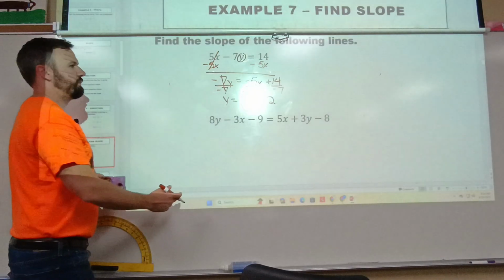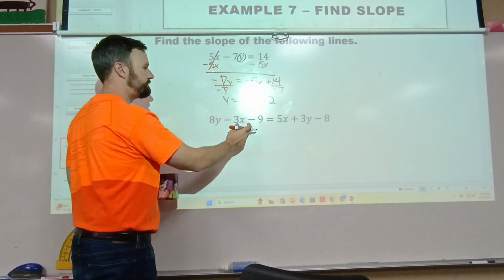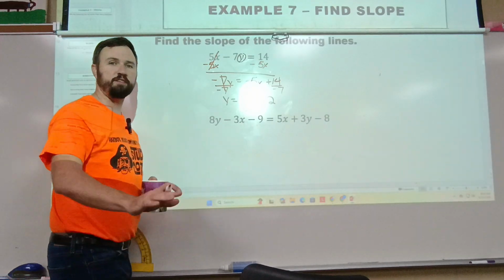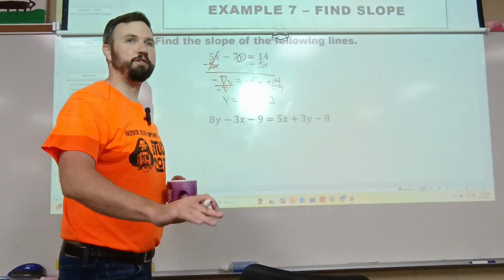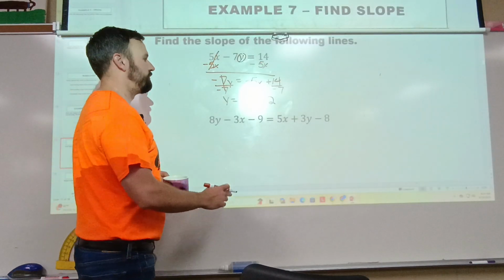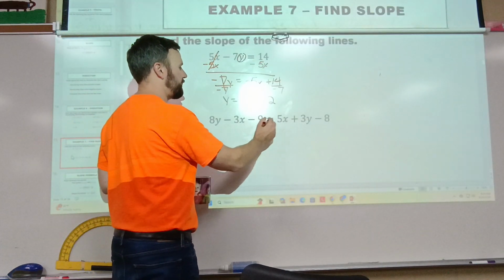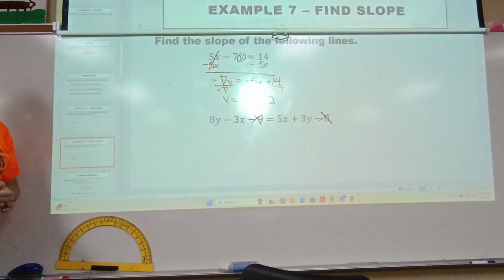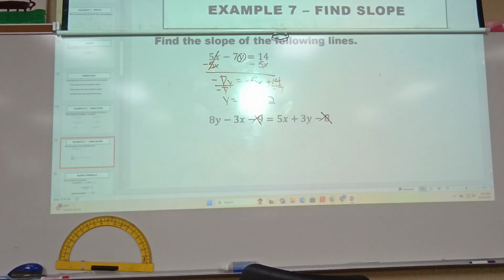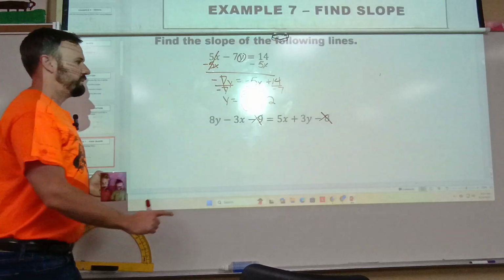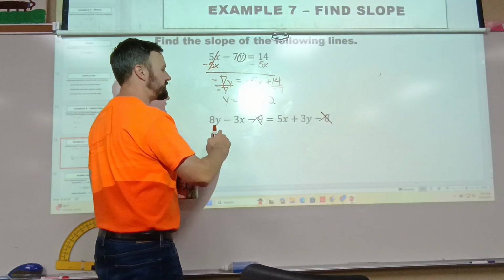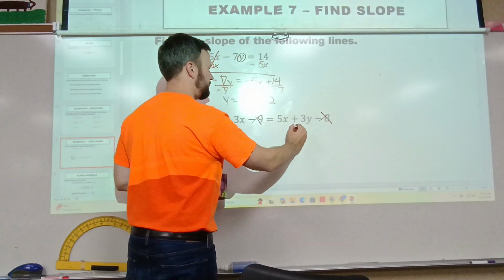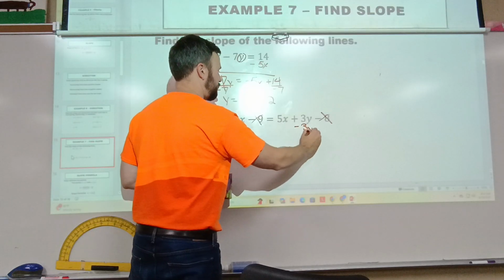What about this one? Don't tell people I'm telling the world this. If I'm looking for slope, what can I do with these parts? I'm just going to ignore them. I know I could deal with them. It's not that hard. I'm just going to ignore it because is it going to matter in the grand scheme for slope? No. All right, so get my y's on one side, my x's on the other. So I'm going to subtract 3y.